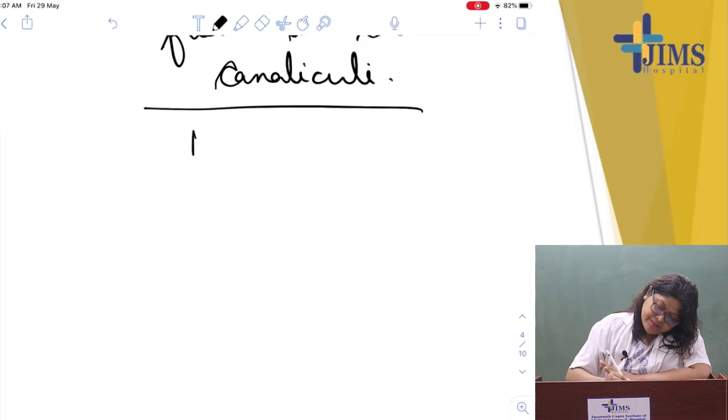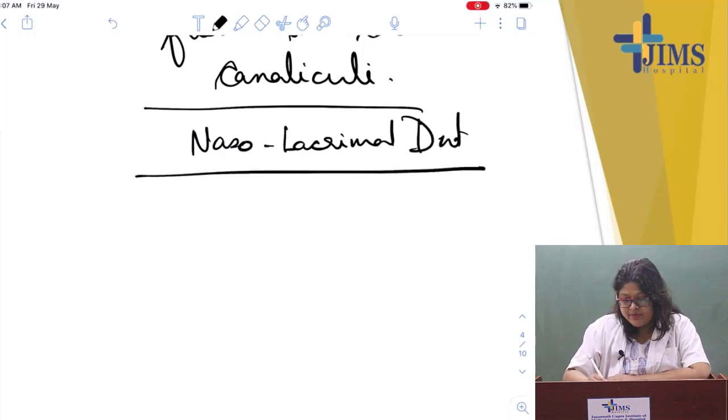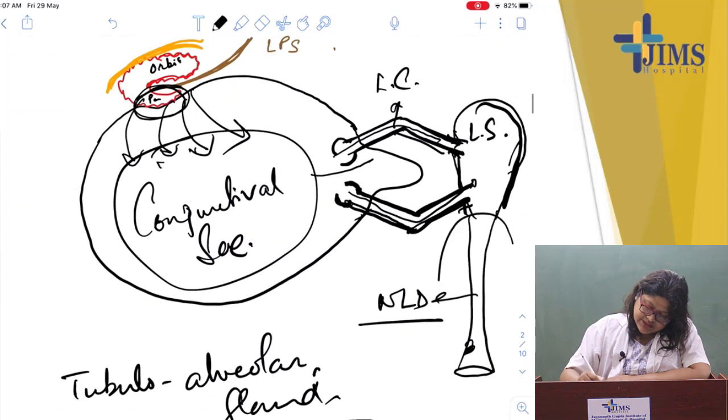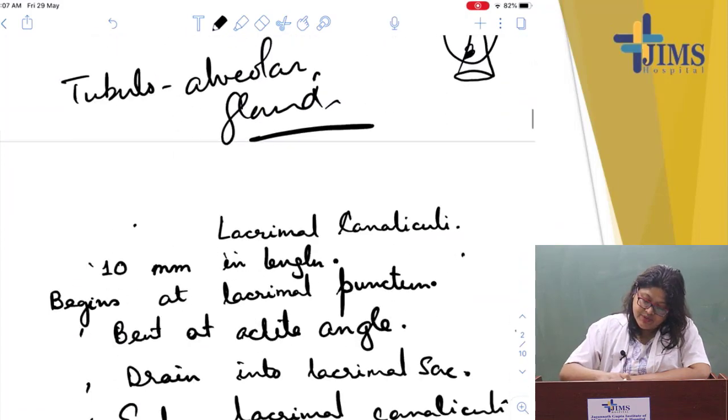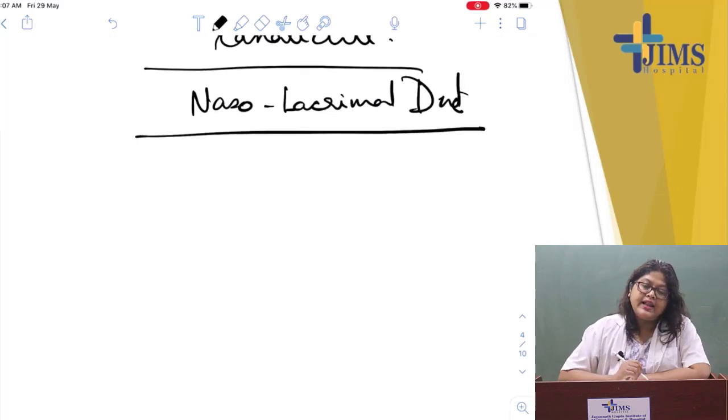Next we go to the nasolacrimal duct. So it is the distal continuation of the lacrimal sac. This is the nasolacrimal duct. So this is the distal continuation of the lacrimal sac.